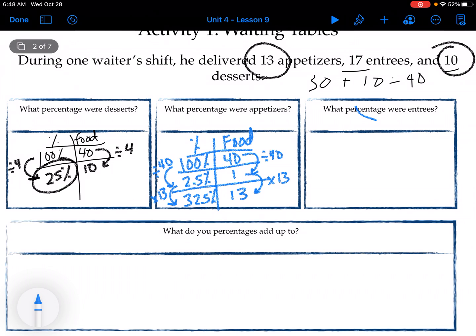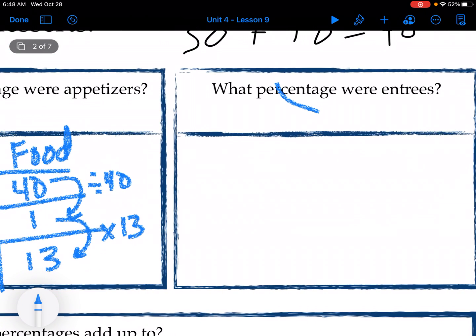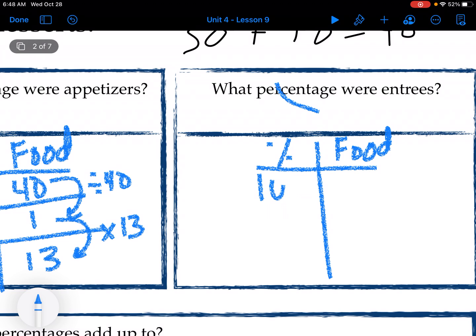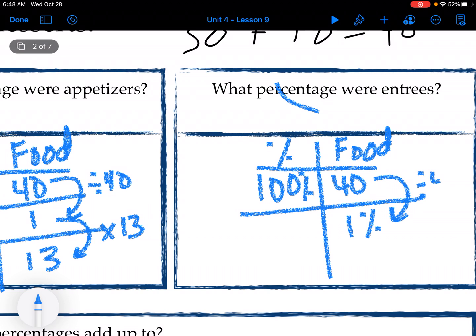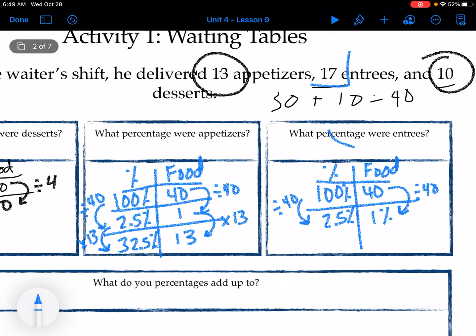All right, so what percentage are entrees? Well, let's figure that one out. I know 100% was 40 items. For 1 item I divide by 40 and get 2.5%, and I want to figure out 17.